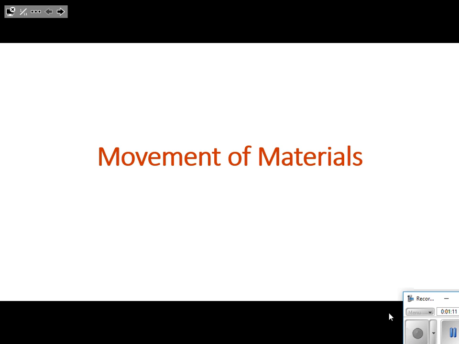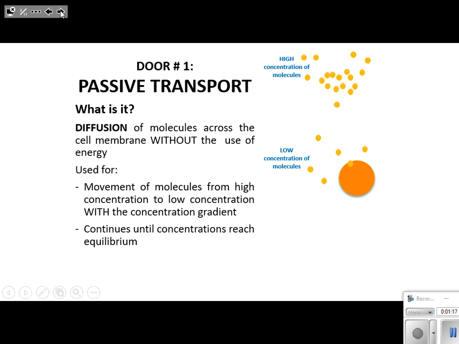So, we're going to start off talking about passive transport. So, on your very first flipbook page, it should be the tab for passive transport.